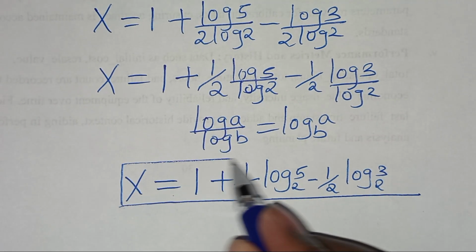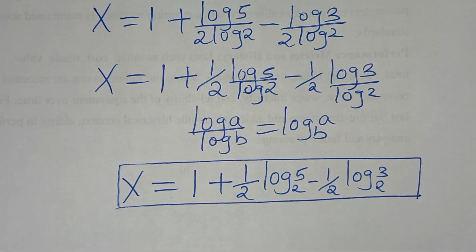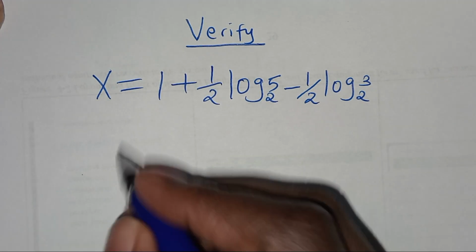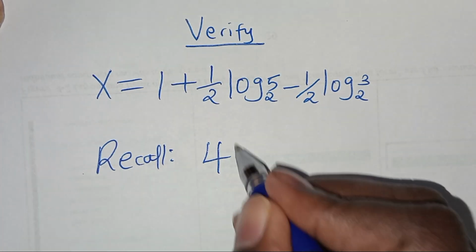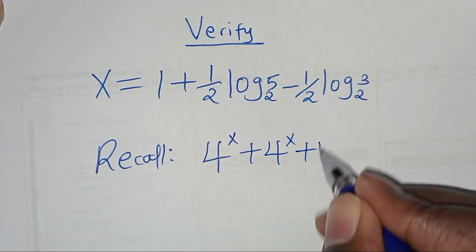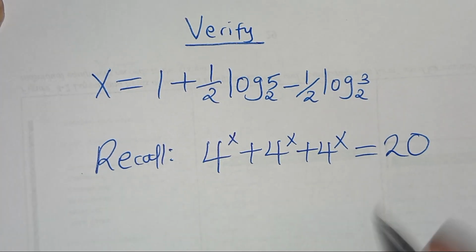Let's verify that this value of x satisfies the equation. Now, if you recall, we have that 4 to power x plus 4 to power x plus 4 to power x is supposed to give us a value of 20.